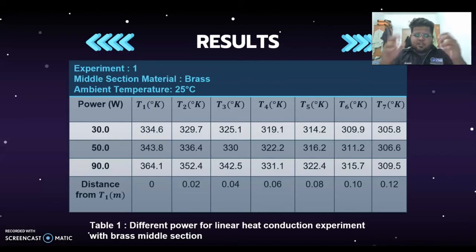And you can also see the distance from T1, which is the actual heat source, at 0, T2 is 0.02, T3 is 0.04, T4 is 0.06, T5 is 0.08, T6 is 0.10, and T7 is 0.12.